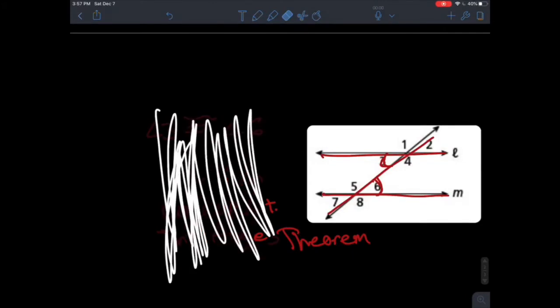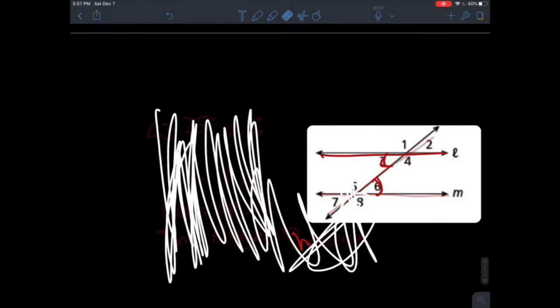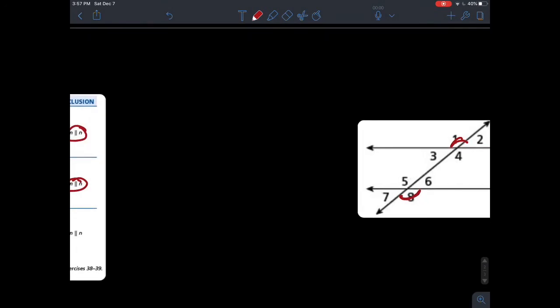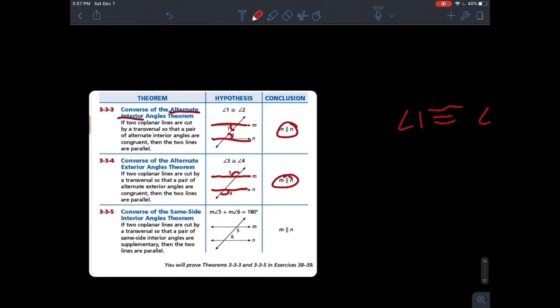The next one would be converse of alternate exterior angles. So we can use 1 and 8. They're congruent to each other, so angle 1 and angle 8 are congruent to each other.